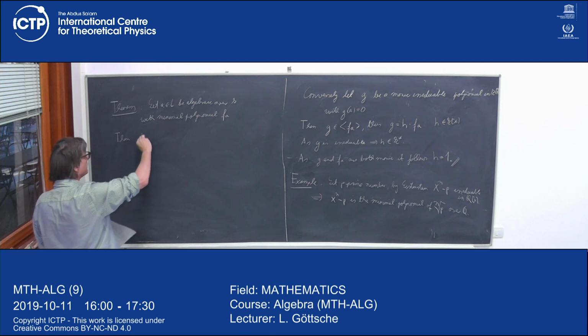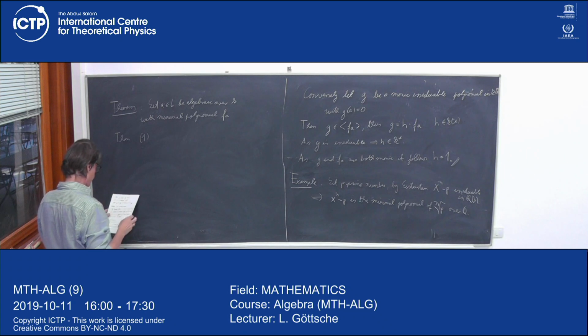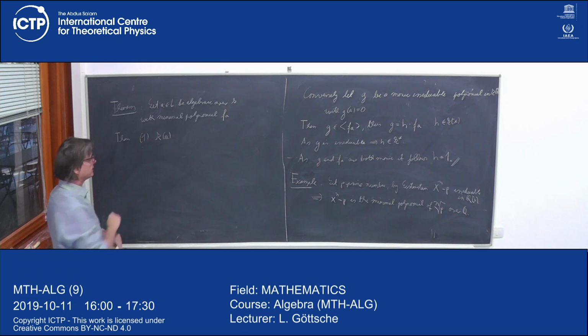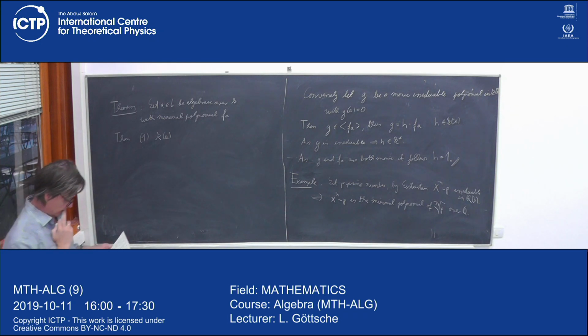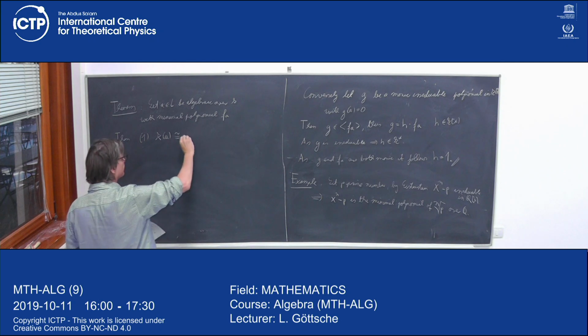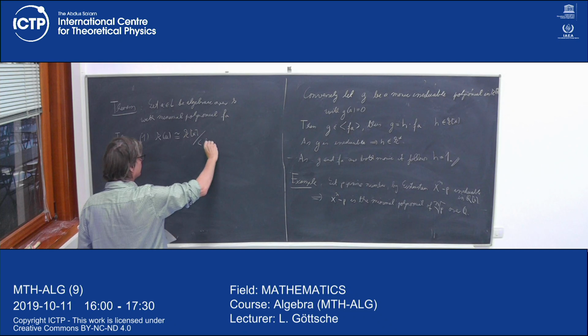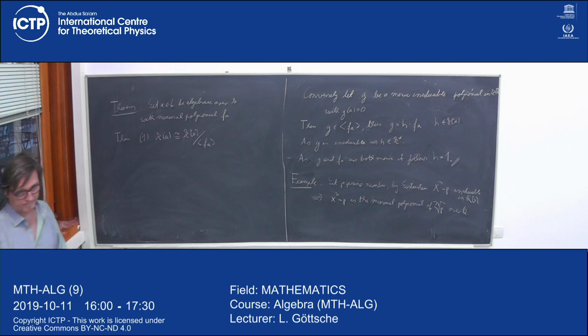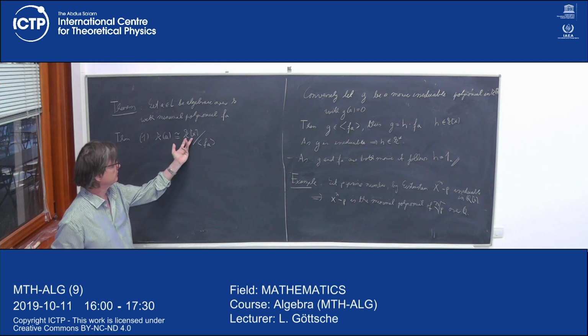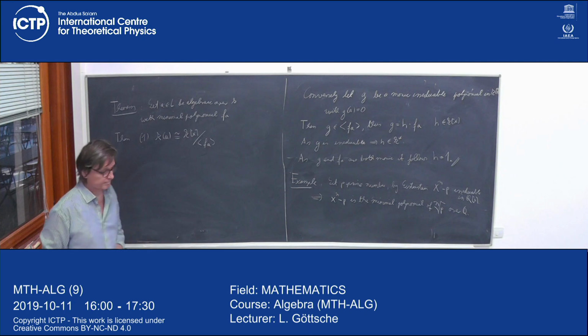First, this simple field extension K(A) over K. So the K(A) is isomorphic as a field to the polynomial ring Kx divided by the ideal generated by FA. Okay, so this is in some sense a complete description. So it's isomorphic to this ring divided by this ideal.